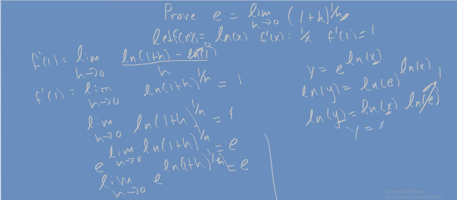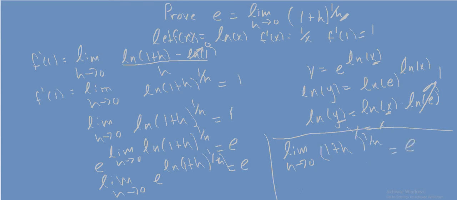Okay, so maybe just to finish this out right here, this right here is equal to the limit, still the limit, as h goes to 0 of (1 plus h) to the 1 over h, and that must be equal to e.